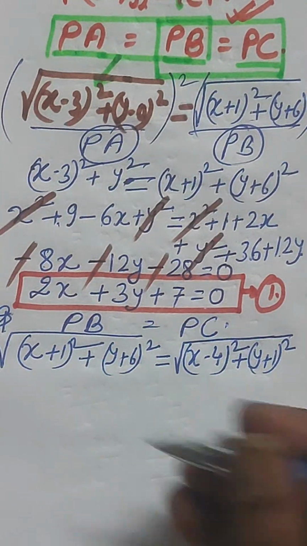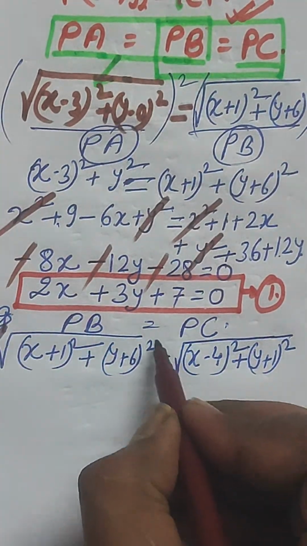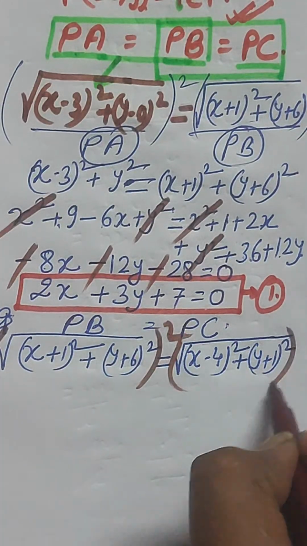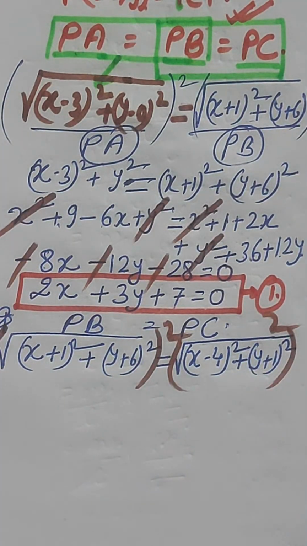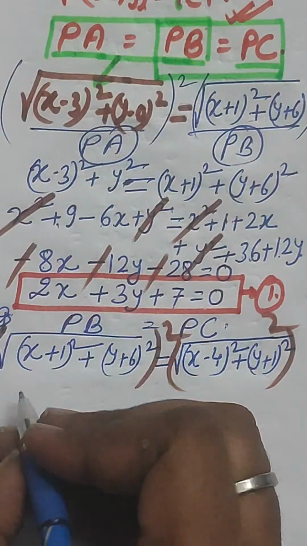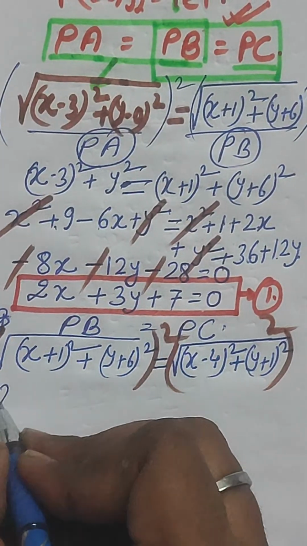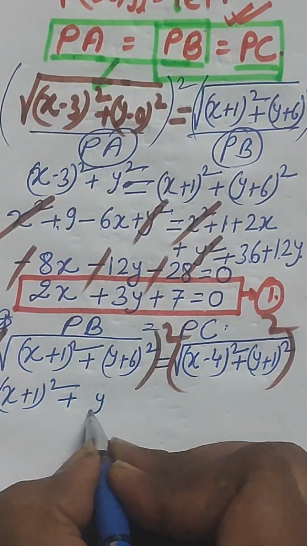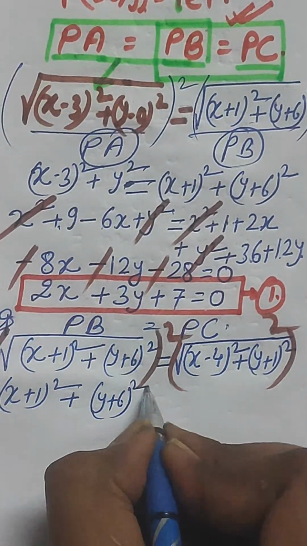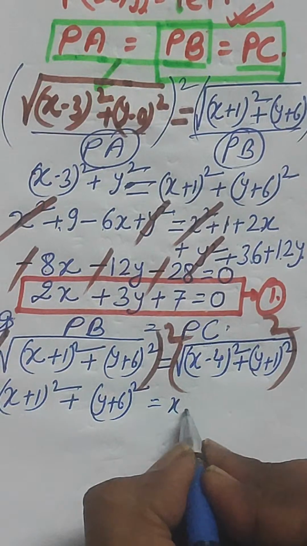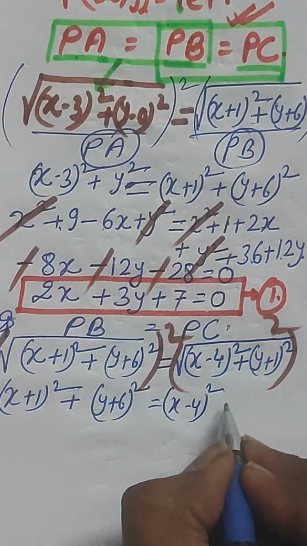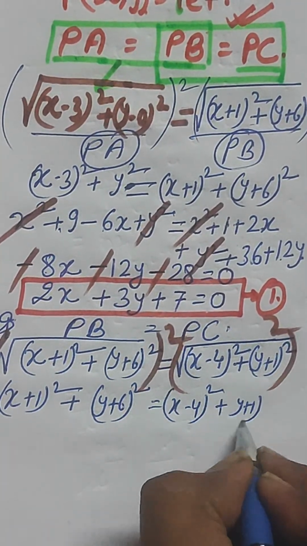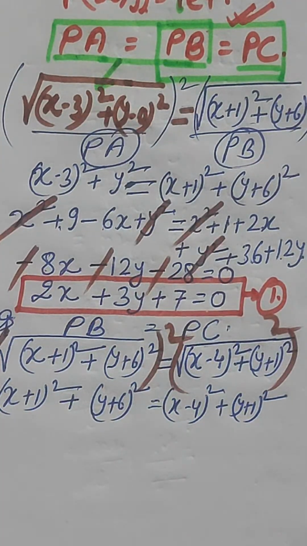When you solve it, you can simply square both sides and remove the root first. When the root is removed, we have (x plus 1) whole squared plus (y plus 6) whole squared is equal to (x minus 4) whole squared plus (y plus 1) whole squared.